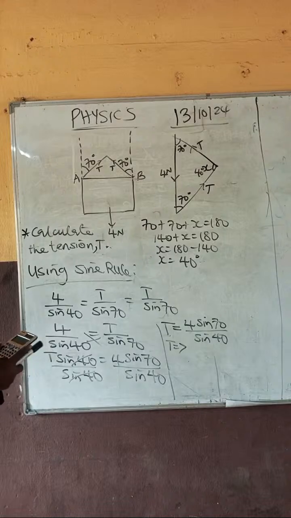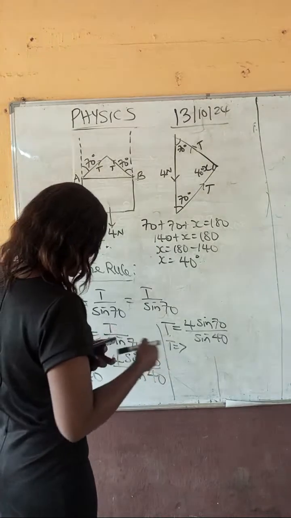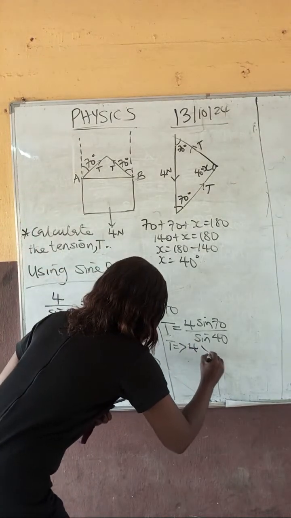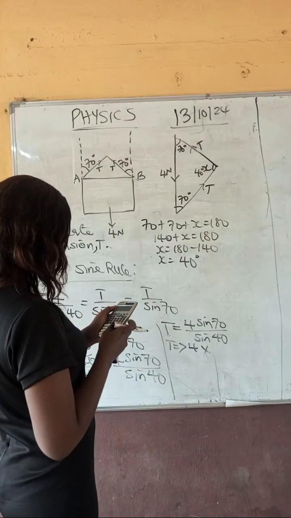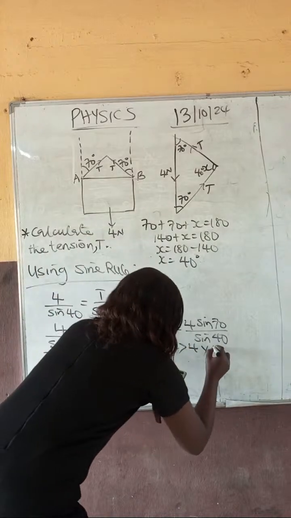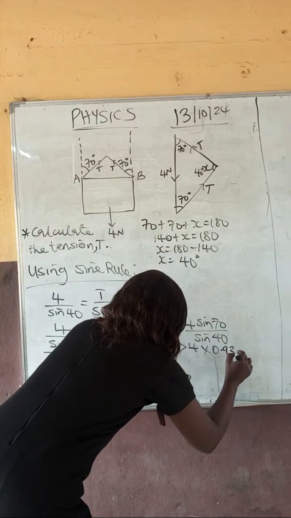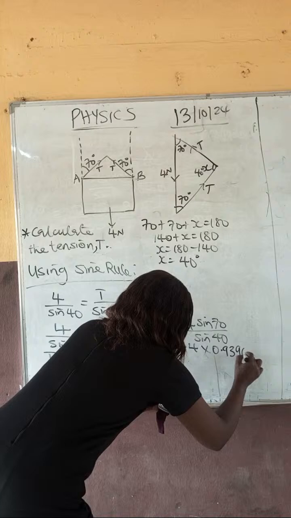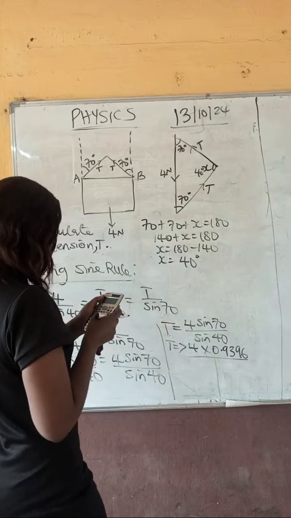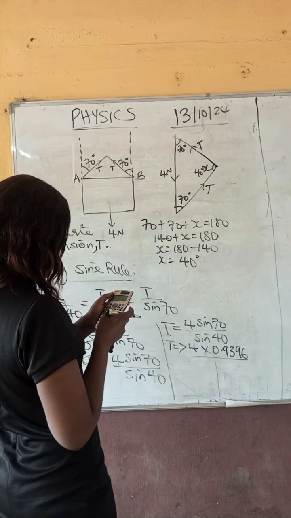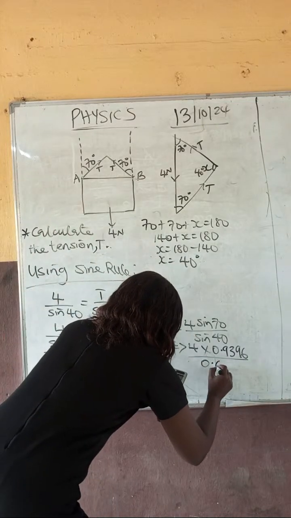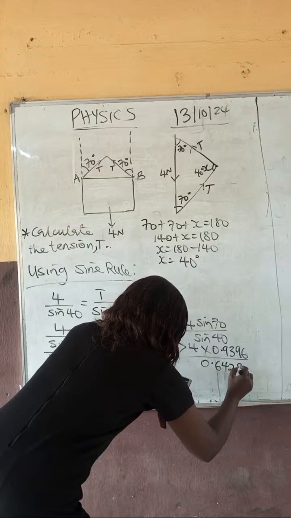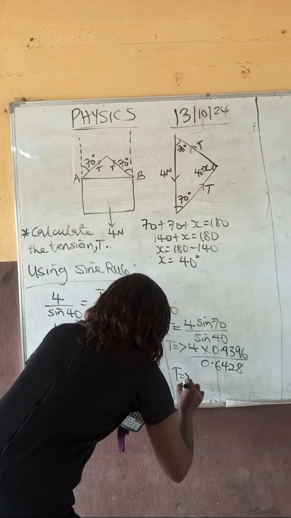What do we have? 4 times sine 70 is equal to 0.9396, divided by sine 40, which is equal to 0.6428.